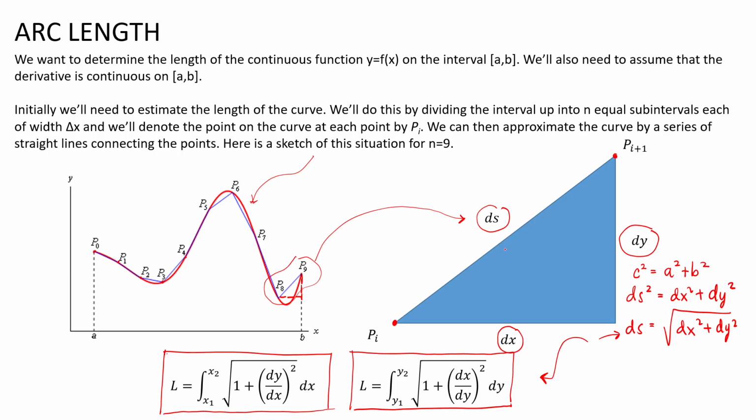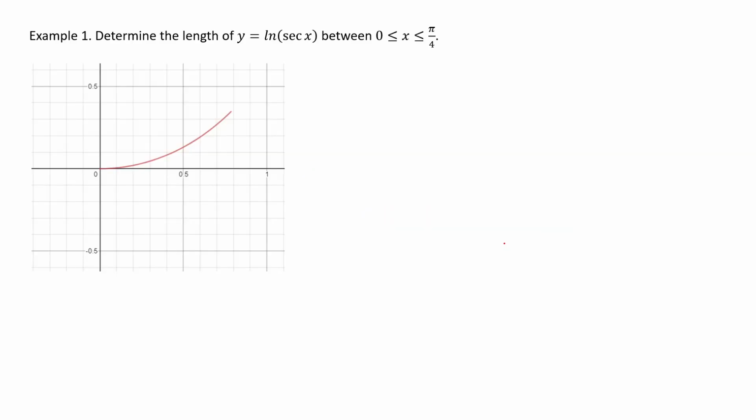All right, next we try to solve our equations. For example, you're given this equation and you're going to determine the length of this curve from 0 to pi over 4. Determine the length of y equals ln of secant x between 0 to pi over 4.